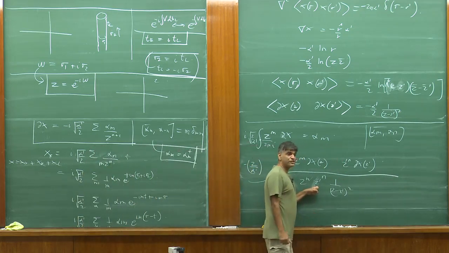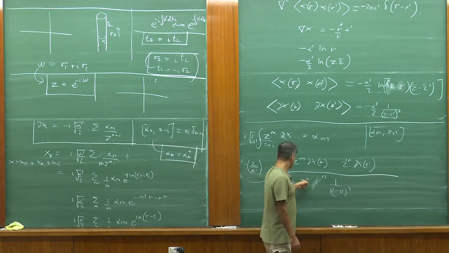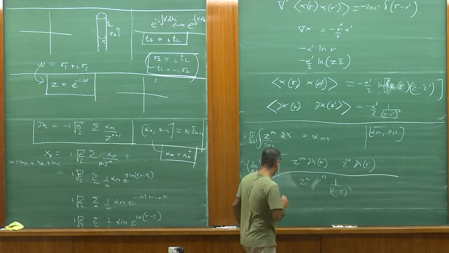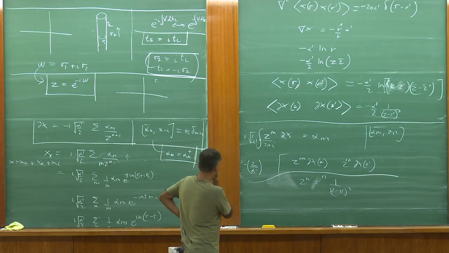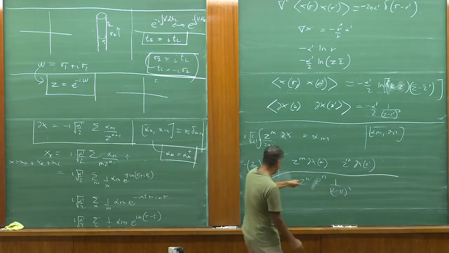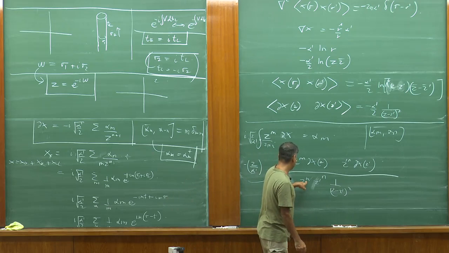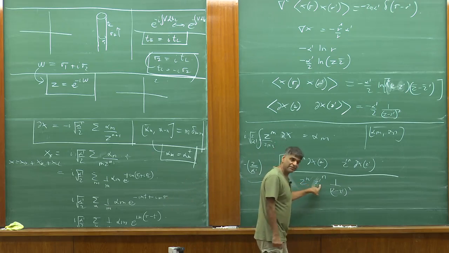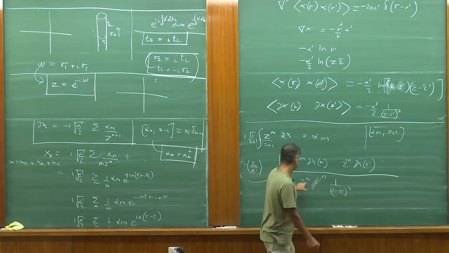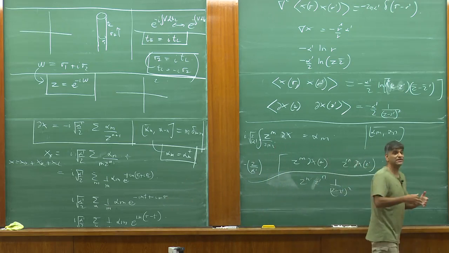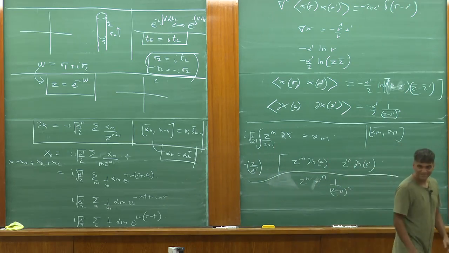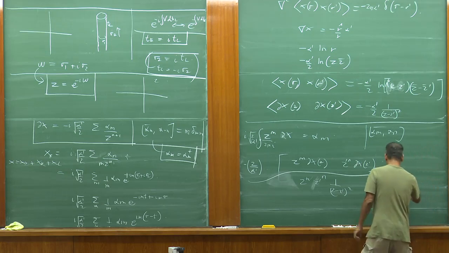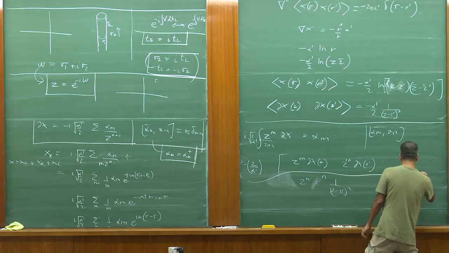I want the coefficient of the pole. So I was supposed to take this and expand it around z prime till I get the coefficient of the pole. That requires a first order Taylor expansion, so the coefficient of the pole becomes m z prime to the power m plus n minus 1.